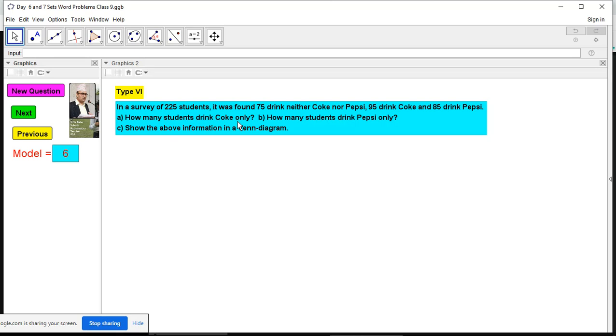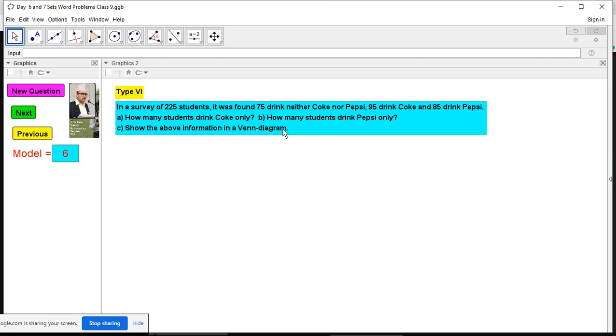95 Coke, 85 Pepsi. But here we have to find Coke only. Before finding Coke only, what do we need, dear students? Can you mention it in the chat box? How to find it?